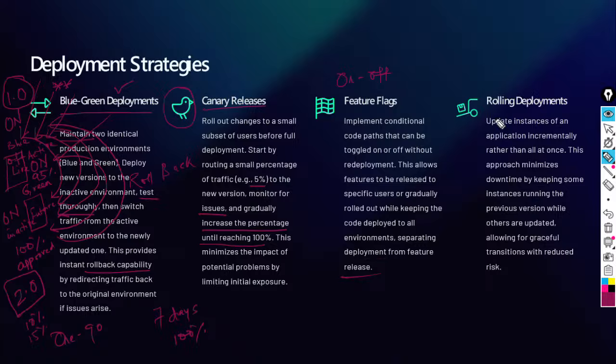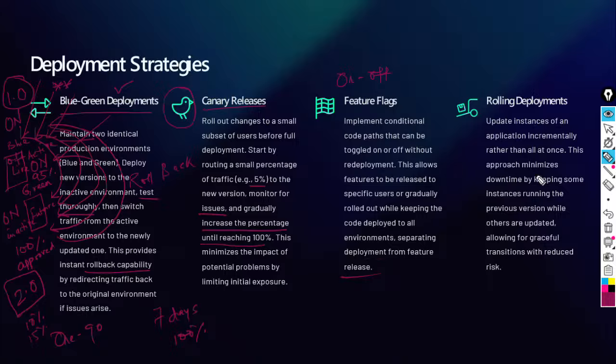And the rolling deployments. Update instances of an application incrementally rather than all at once. This is all at once. This is also all at once. Application-wise, I'm saying. Here it is incremental.